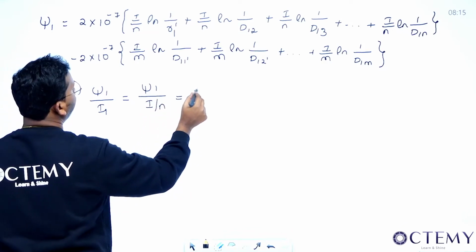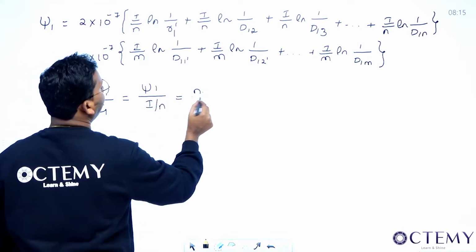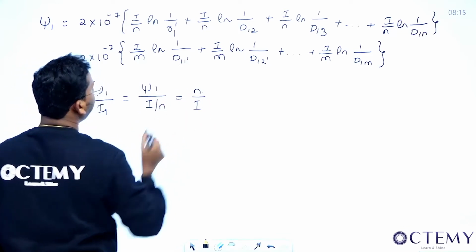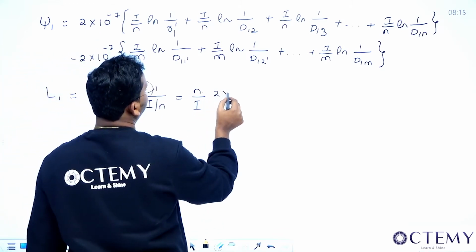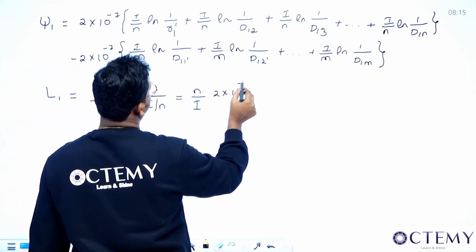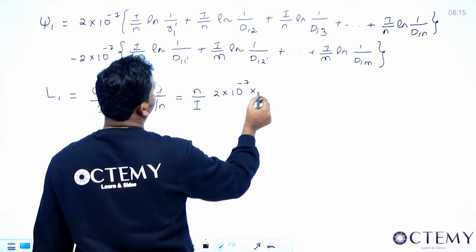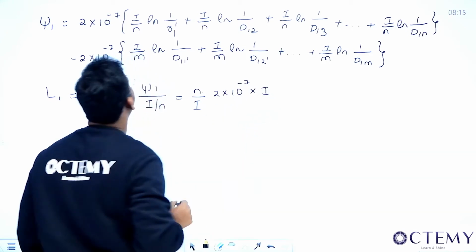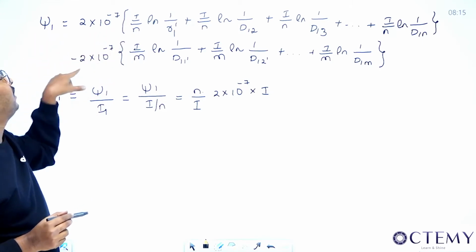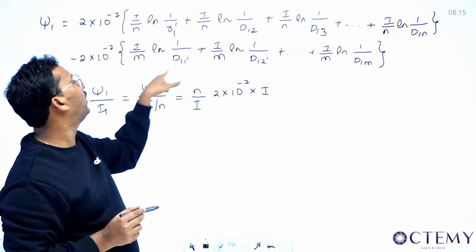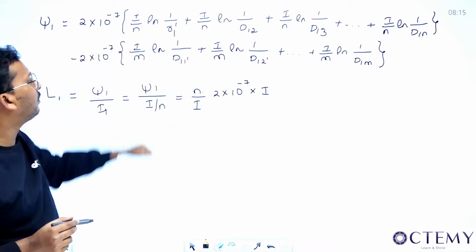So this will become N by I into, let me take all of this common, 2 into 10 power of minus 7, and the I will also come out entirely. This minus I have taken inside, so all of them will become numerical, and this is 1 by M, so it will become the mth root.